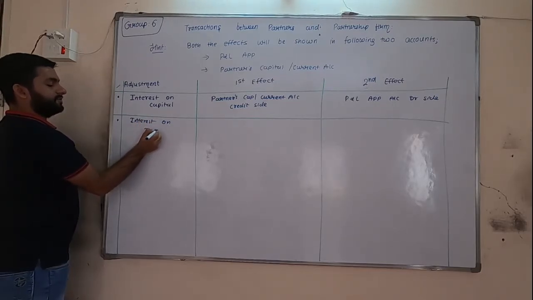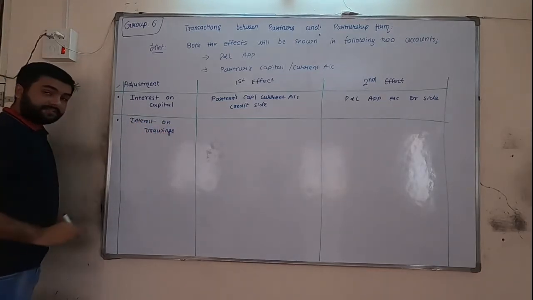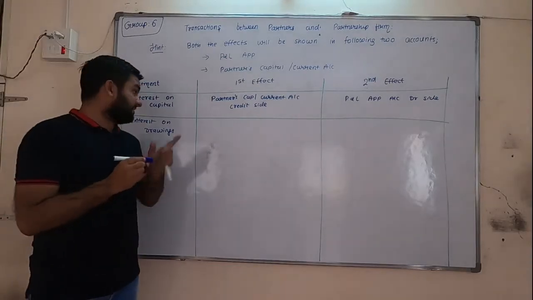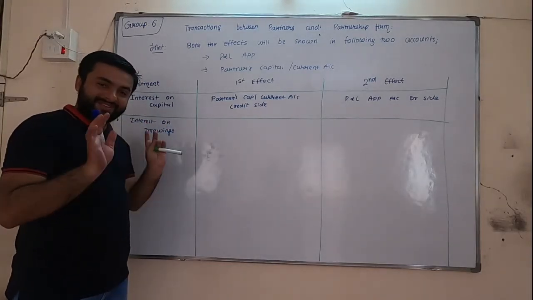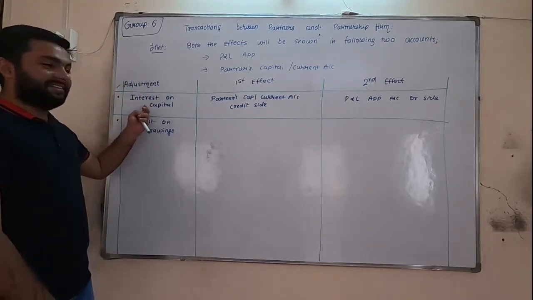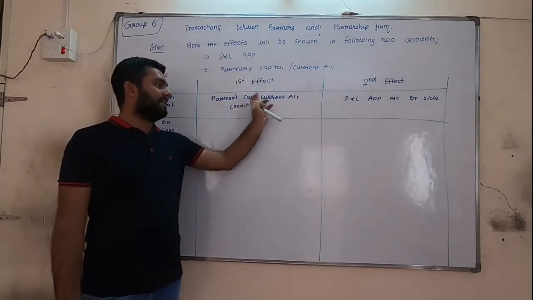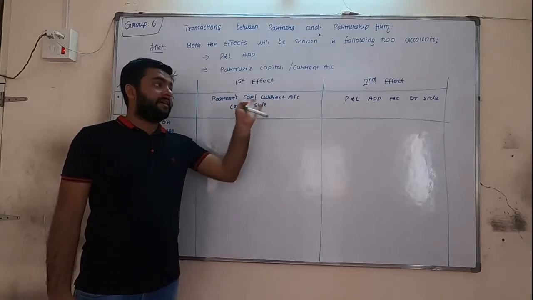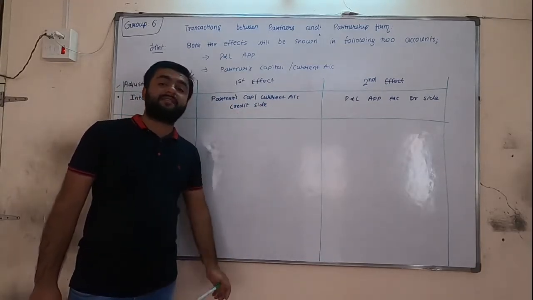interest on drawings. Now drawings means debit, capital means credit, C for credit, D for debit. In this way also you can remember. Interest on capital, capital is credit, so credit side of capital or current account, and if this is credit then that is debit side.